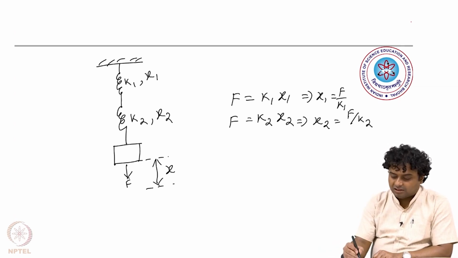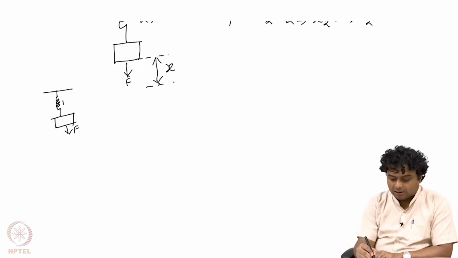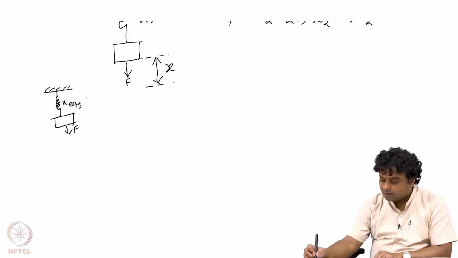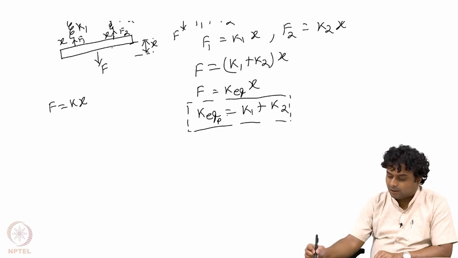Now, if this system is modeled as an equivalent system where we have only one spring constant and one single mass, it will also have a force of F, and let us assume this is K equivalent. Let us assume this is K equivalent P for parallel, and this is S for series.